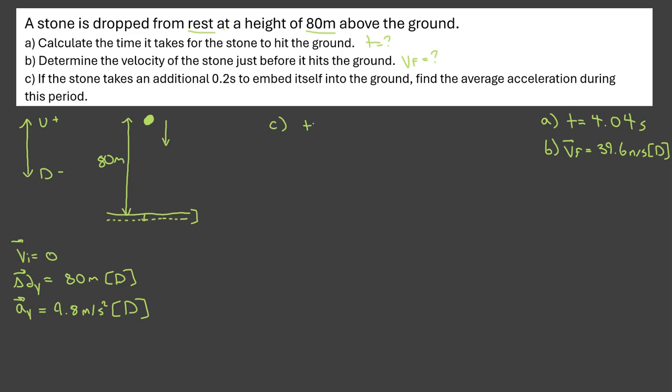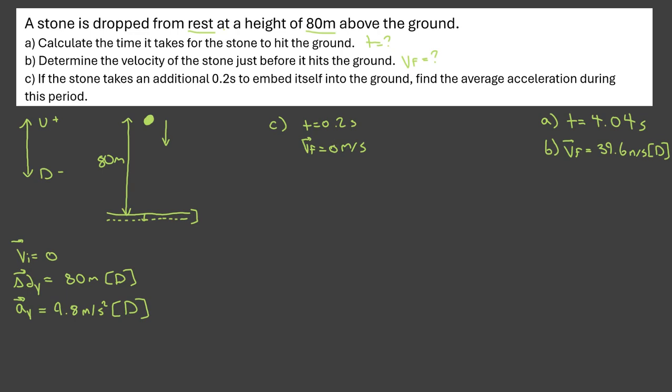So I'm going to state that my time for the time frame we're evaluating is 0.2 seconds. I also know that eventually the stone is going to come to a stop. So after that 0.2 seconds, it's eventually going to come to a stop, so I can classify my final velocity to be 0 meters per second.